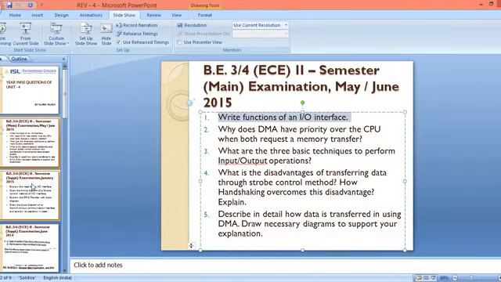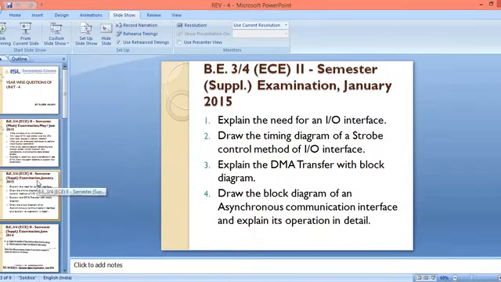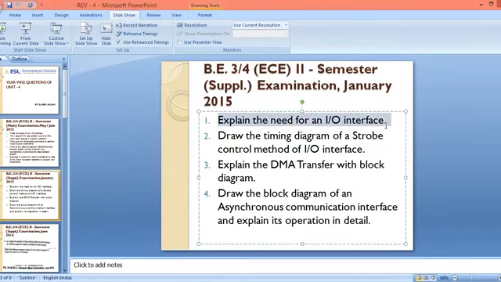Next, in January 2015: explain the need of an I/O interface. Why do we require an I/O interface? The need is that our devices have their own language to communicate, which cannot be understood by the processor.